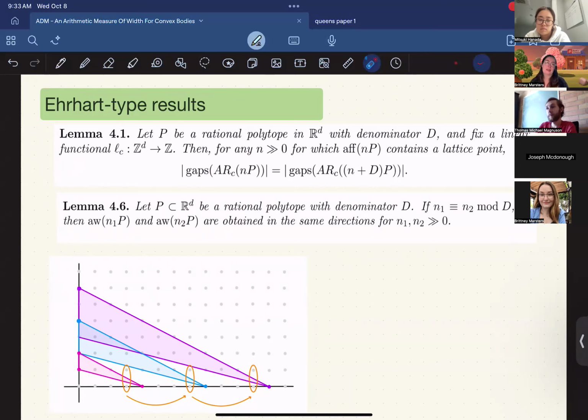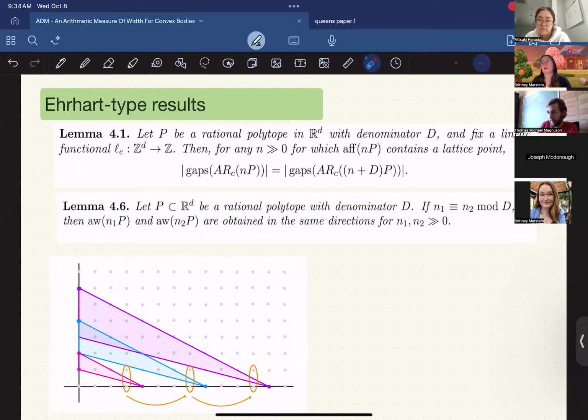The next is that if I take 2 dilation factors that are congruent mod the denominator of my polytope, then the directions that attain the arithmetic width are going to be the same. And this is kind of nice because as you dilate your polytope, different mod classes can actually have different vectors that obtain the arithmetic width.